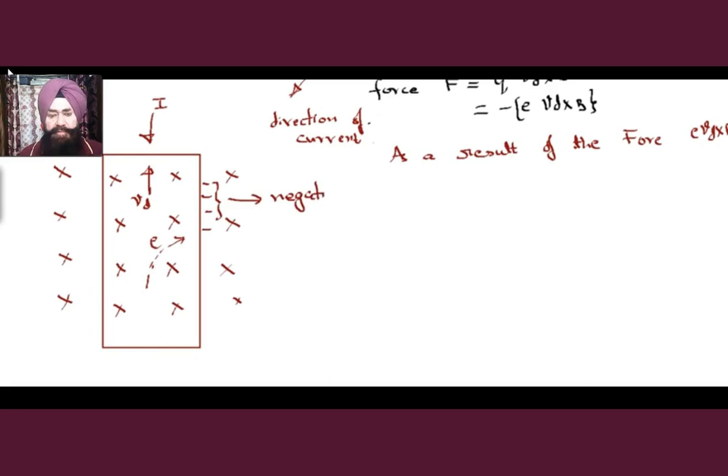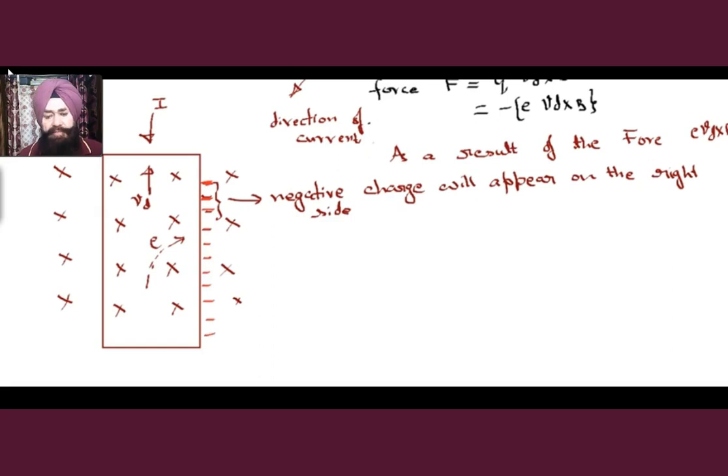Negative charge starts appearing here, and the positive charge is left behind on the other side of the strip. The negative charge is on the right hand side and the positive charge on the left hand side.